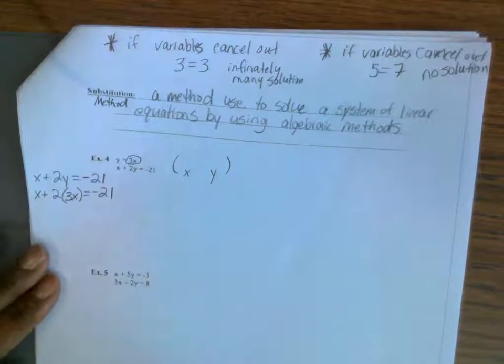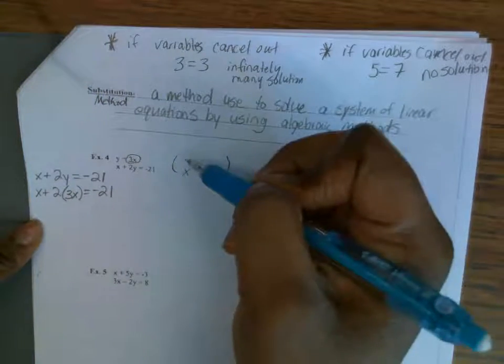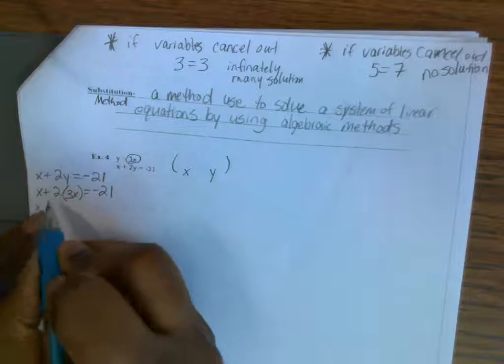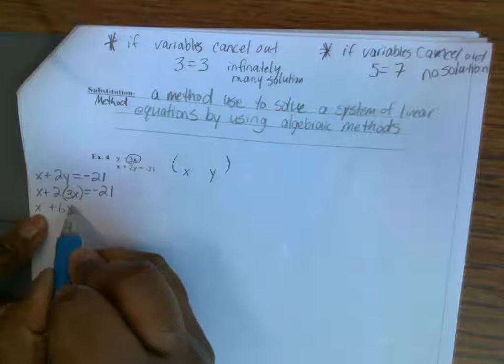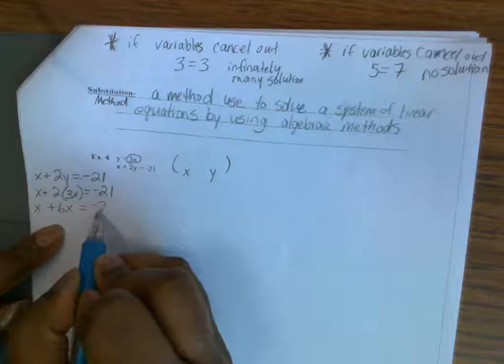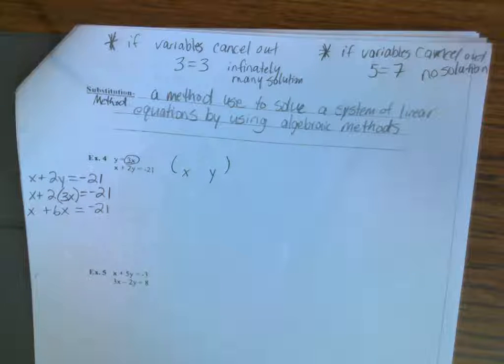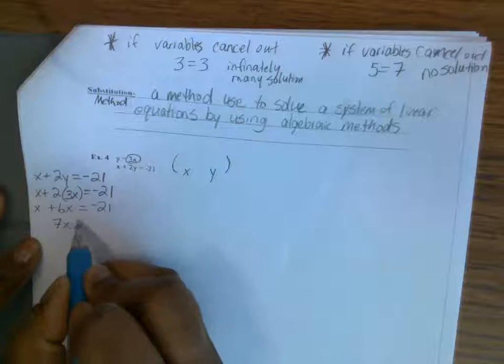Okay? So now I'm going to solve for x, and that's going to give me my x coordinate. This is x. This is going to be 2 times 3x, which is 6x, equals negative 21. So here, I'm going to combine like terms. 1x plus 6x is 7x.